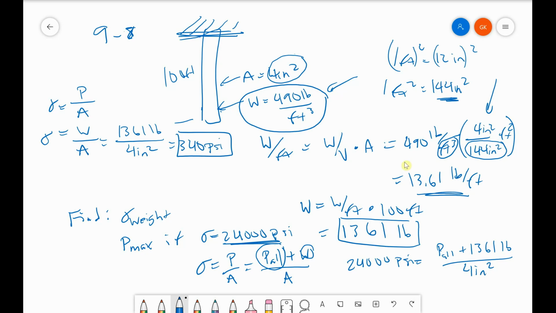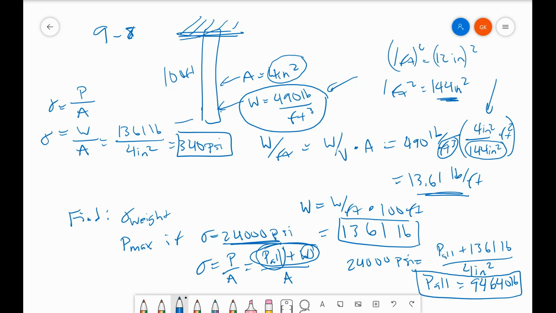If I solve correctly, P allowed is equal to 94,640 pounds. So it can hold a whole lot. You have to be careful here though. When it says the allowed load, you can't forget that the weight is a part of this. Both are part of the load going into our stress. Be very, very careful about that.